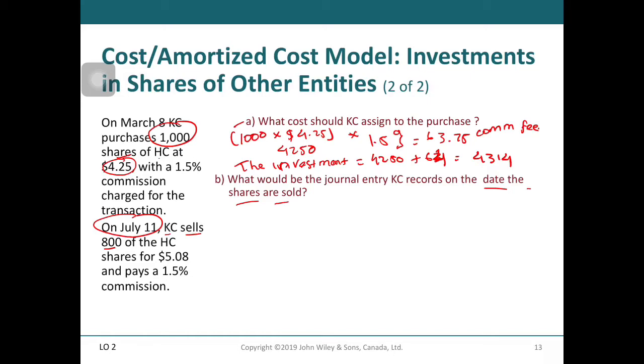So for the shares being sold, we calculate this first: 800 divided by 1,000, the total shares, multiplied by 4,314, which is 3,451.